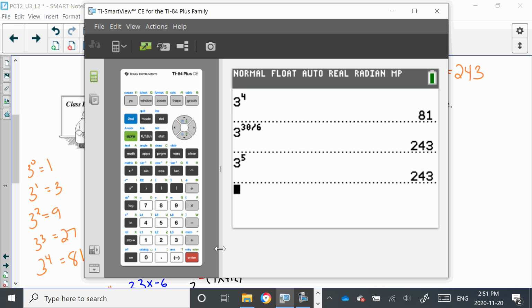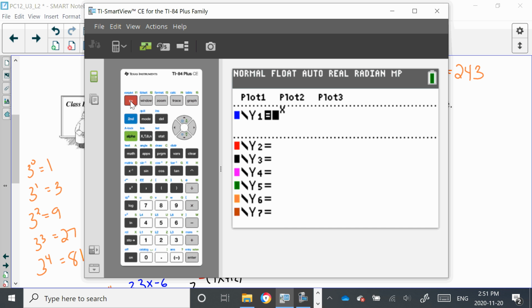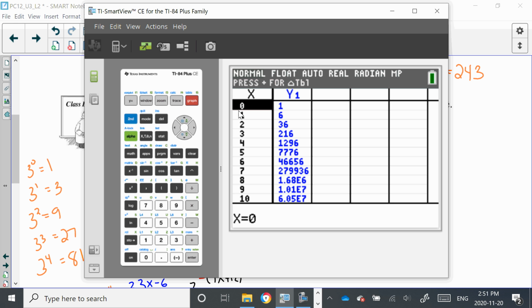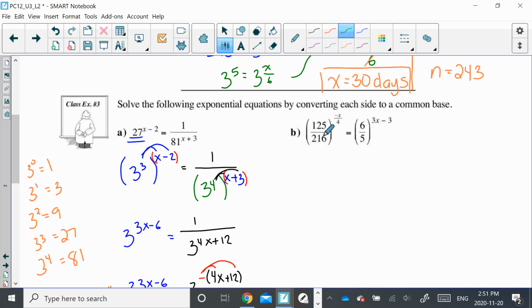So if I went to my calculator and in y1, if I put 6 here and I look at my table, there is no 125, but there is a 216. So what that means is that I could raise 6 to a power to get 216, and I could raise 5 to a power to get 125.